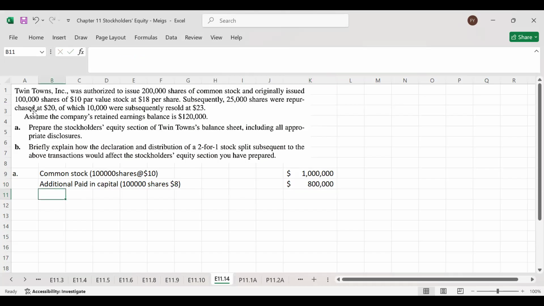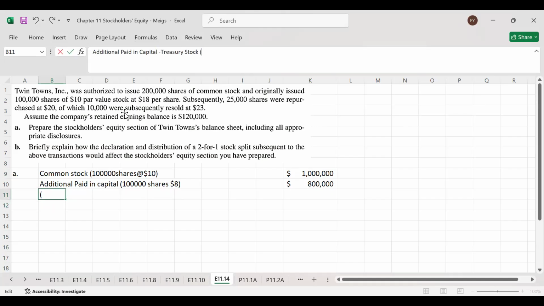The next is the treasury stock, of which the company resold 10,000 shares. The company originally purchased it for $20 and resold at $23. So the difference between 20 and 23 is $3, which is again additional paid in capital, but this is on treasury stock. So how are we going to calculate it?